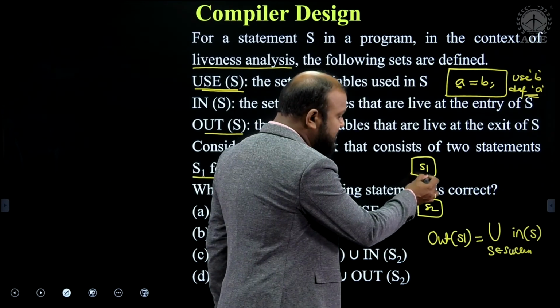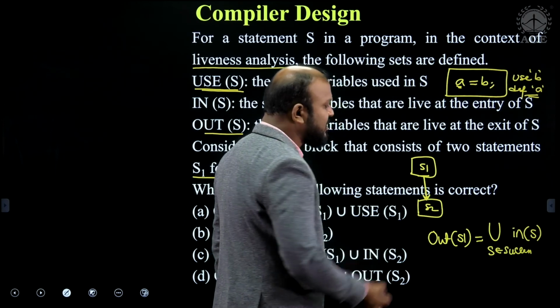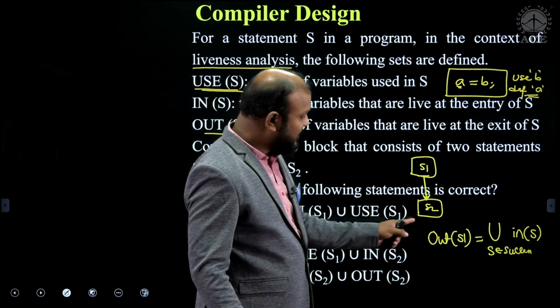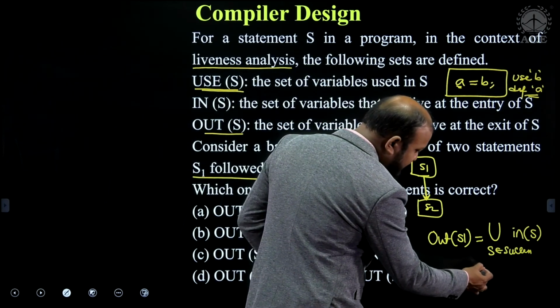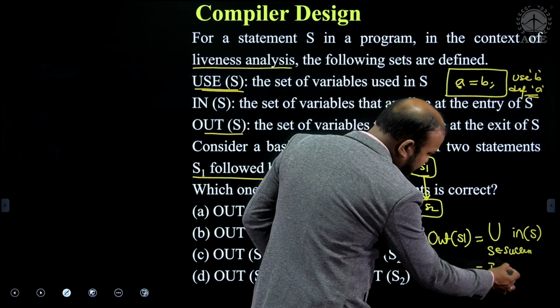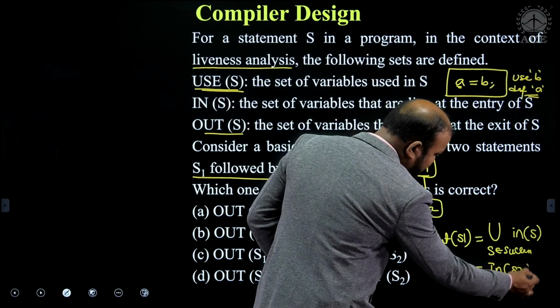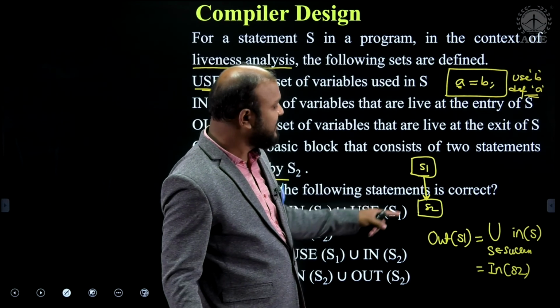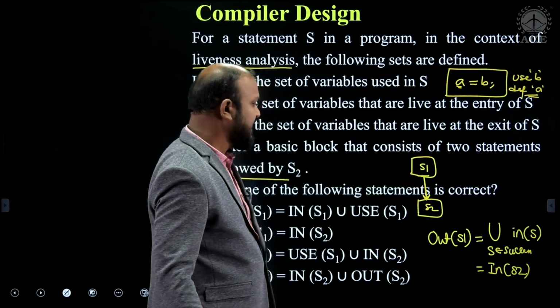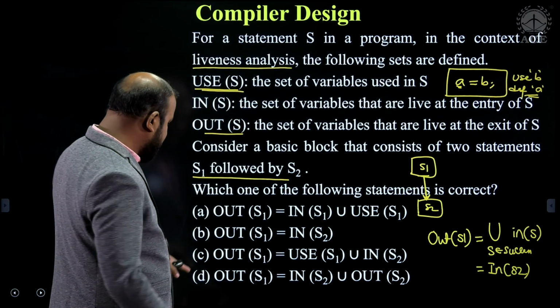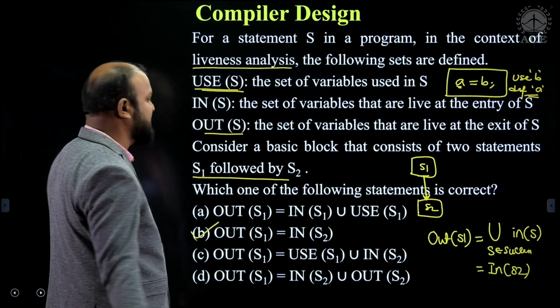Now, S2 is a successor of S1. So, we can call out of S1 equals in of S2. Why? Because here in the question it is clearly given S2 is the successor of S1. So, answer for this question is option B, directly based on the algorithm.